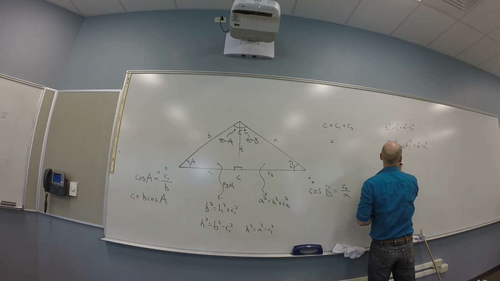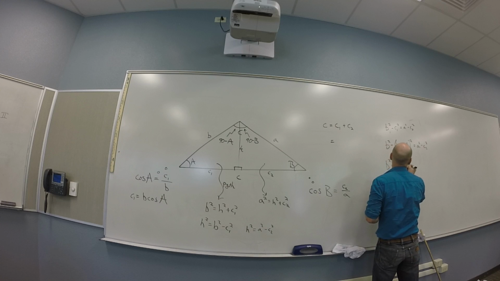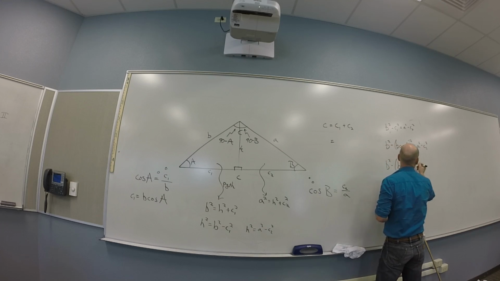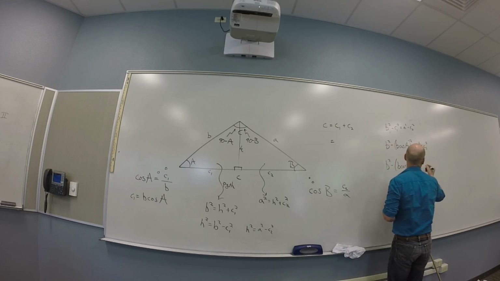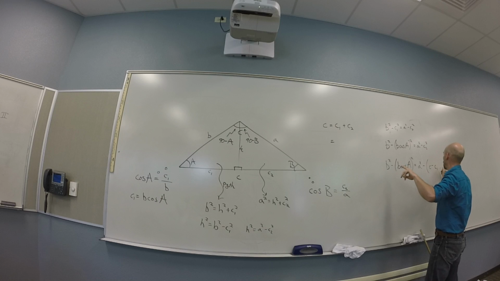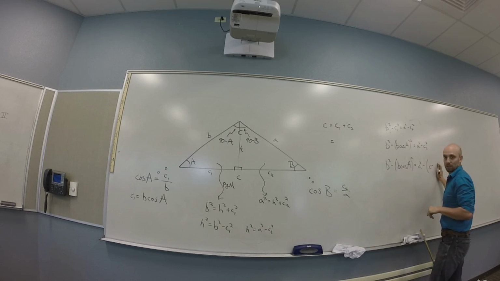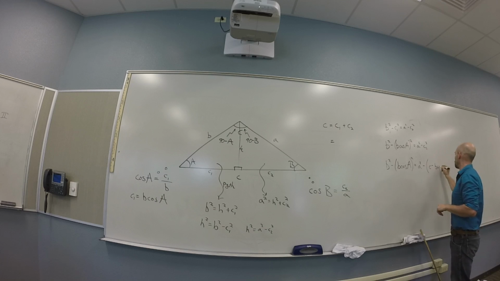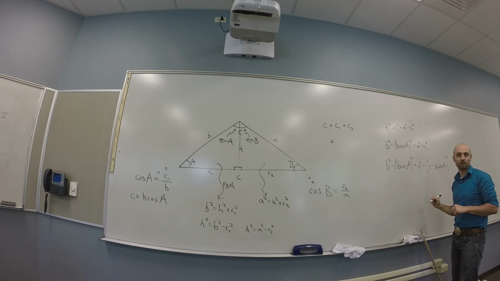So I got B squared minus B cosine A, all squared, is A squared minus, and here I need C minus C1. But C1 was B cosine A. And then I need to square this thing, right?